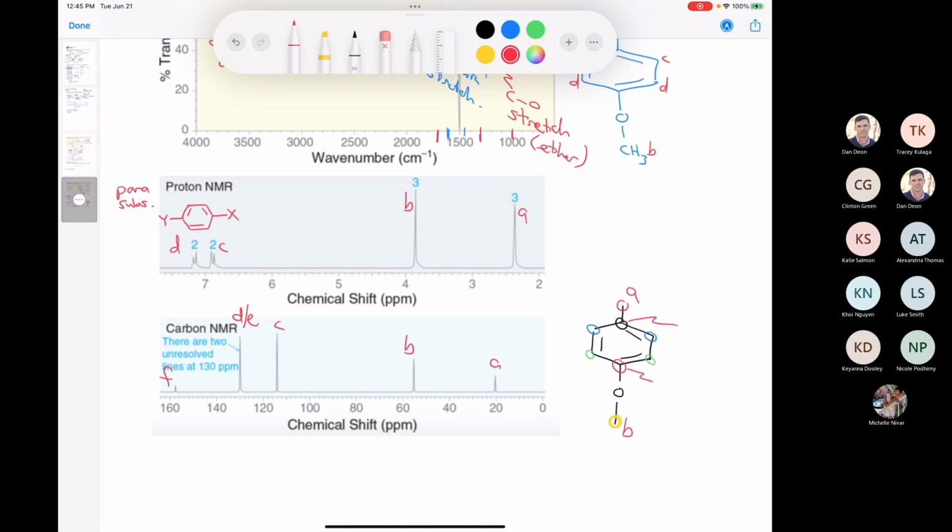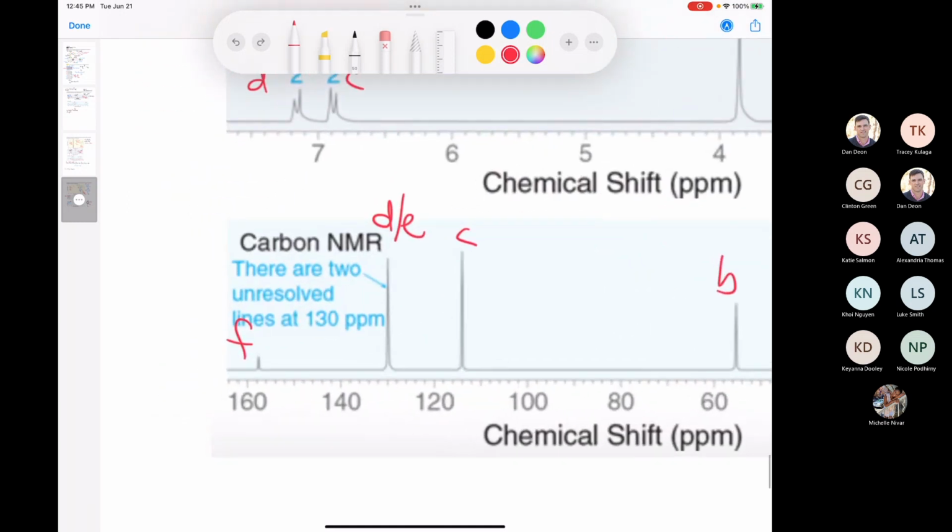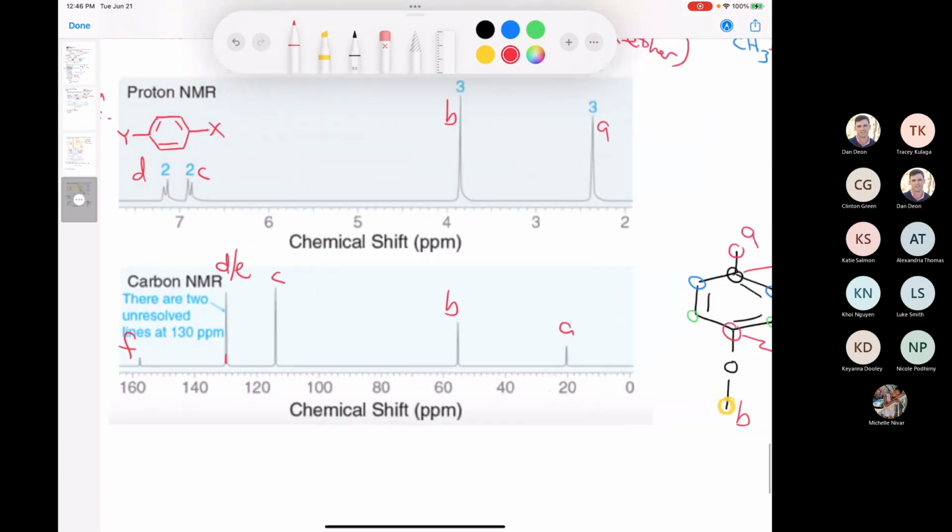I wouldn't be all that picky. I'd say F and E, because they're so small. And when they're so small, it usually means they don't have a hydrogen attached to them. And when it says there's another line in here, I'm assuming it's something really, really tiny, so E is buried under here.